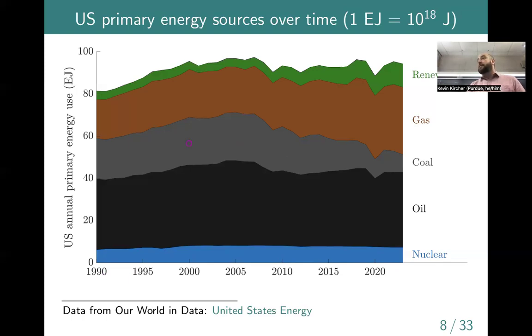One of the major stories in US energy over my lifetime is that coal has been winding down slowly, but steadily over the last roughly 20 years. And it's been displaced essentially by natural gas. You can see that the brown wedge here is growing over time, and renewables. And I'll show another graph here of what this renewables wedge is, but you can see that it's growing, since roughly in the last 20 years, it's maybe doubled.